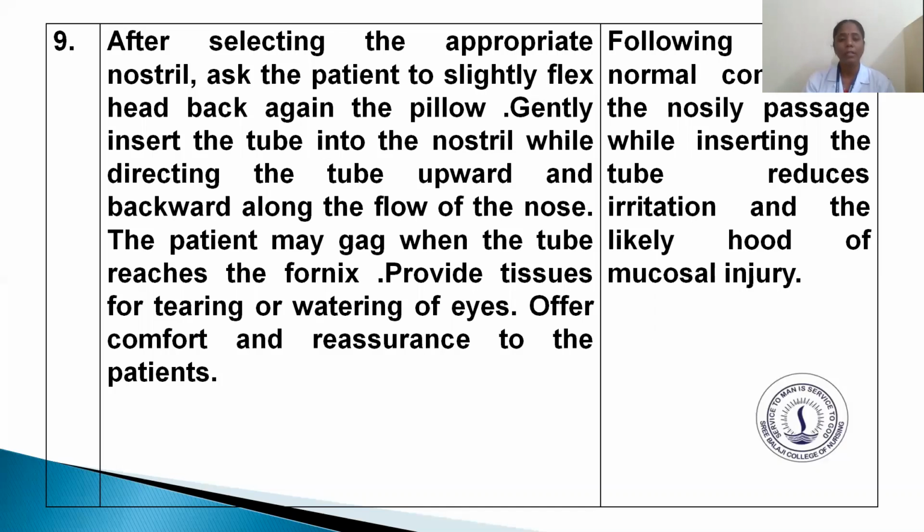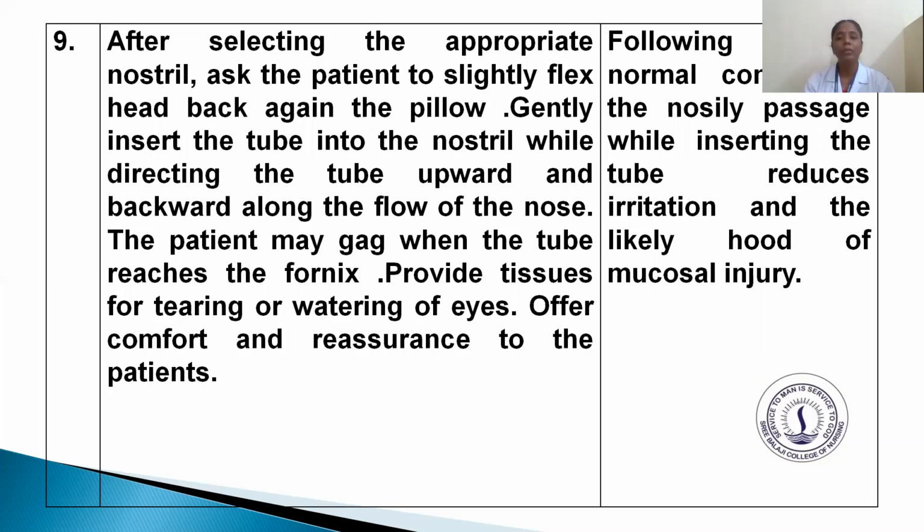Then the patient may gag when the tube reaches the fornix, and watering of the eyes takes place, so use tissues. Offer comfort and reassure the patient. This is the insertion of the tube.